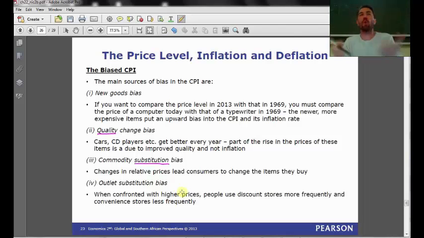And if your wage is set in terms of CPI and increases by 7% each year, and the majority of the things you buy in your basket of goods are increasing by 25%, your real wage, the purchasing power of your salary, is going down, right? You're buying less and less.